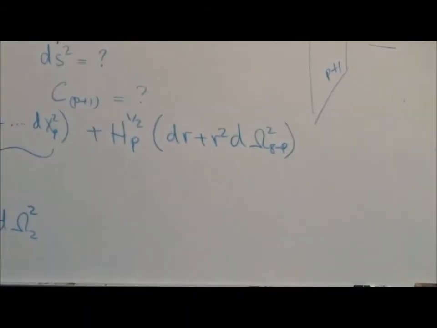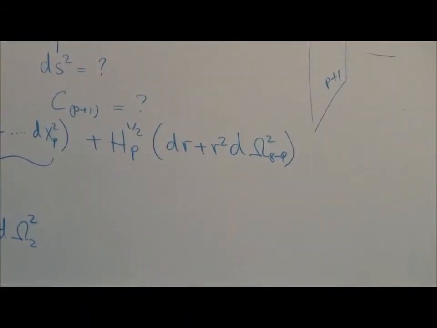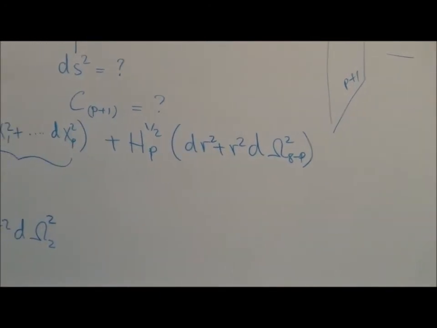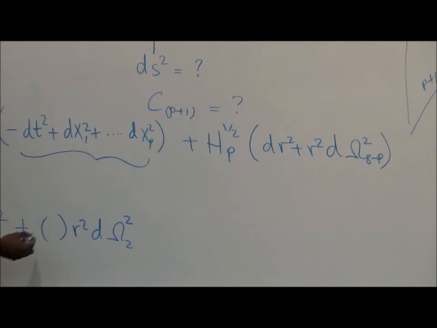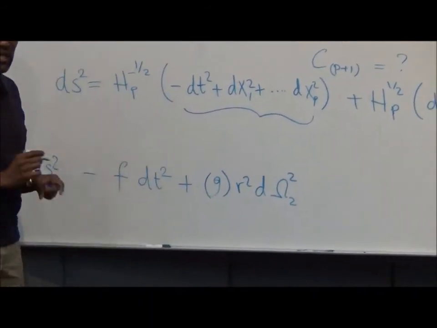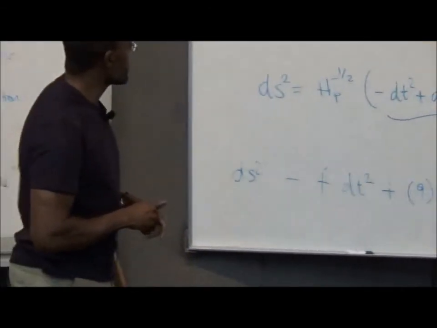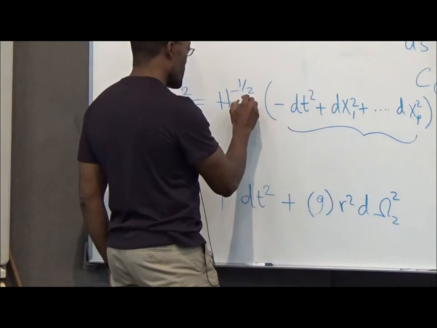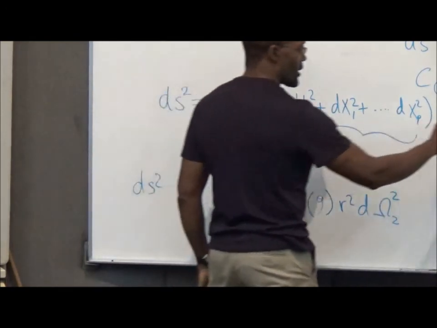Okay? So there's a dr squared. And then depending upon how you choose your radial coordinate, that'll affect what the nature of the functions are here. Okay. So these are coordinates chosen such that these h's are the same.